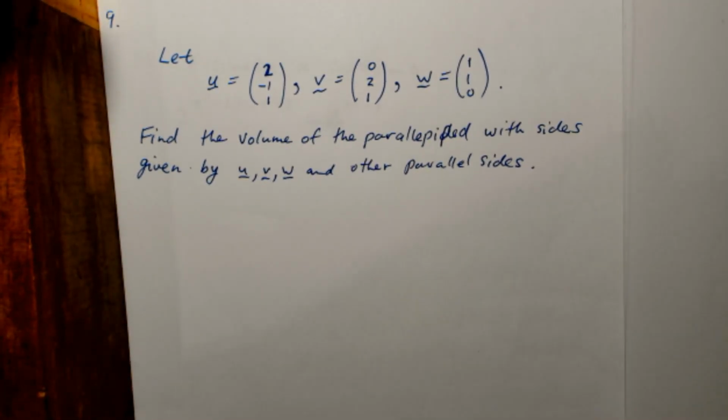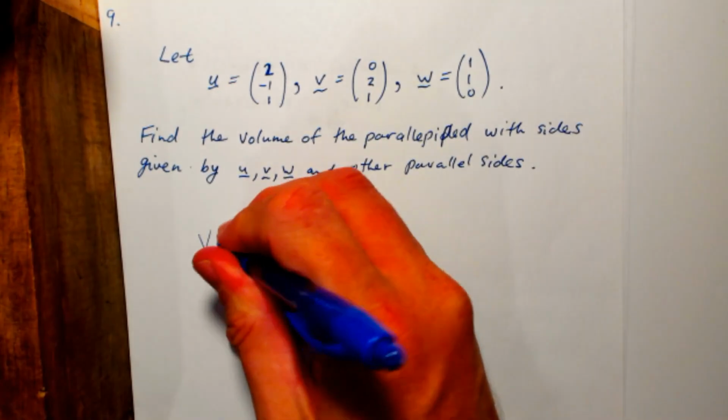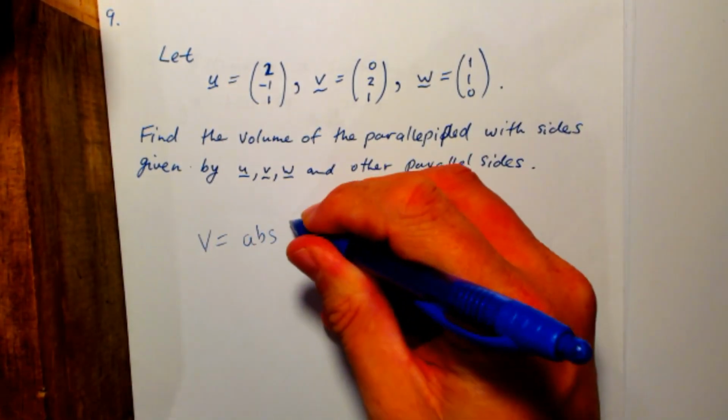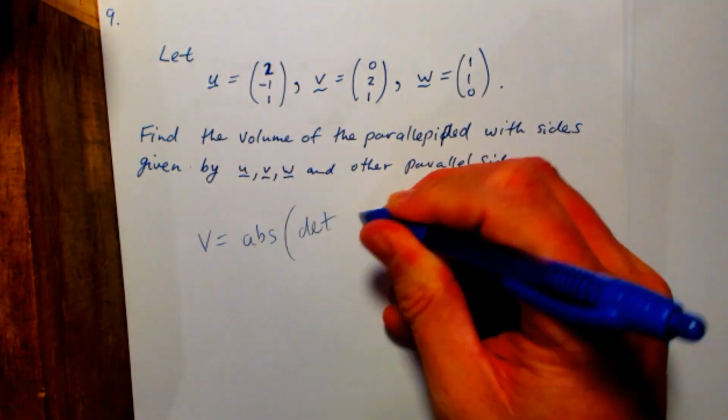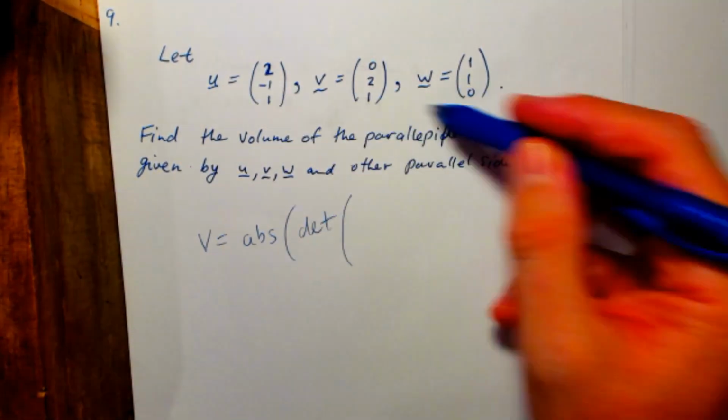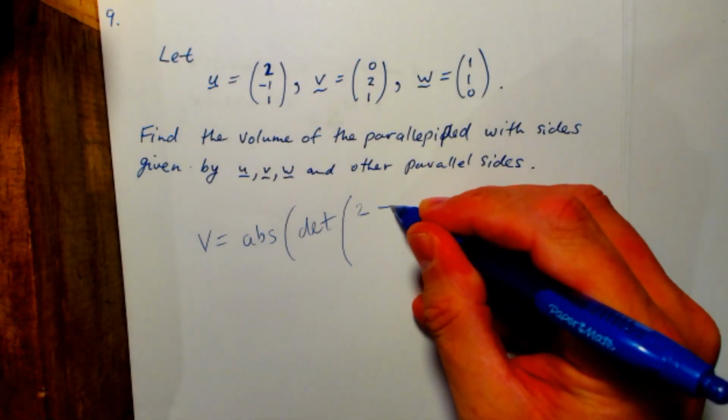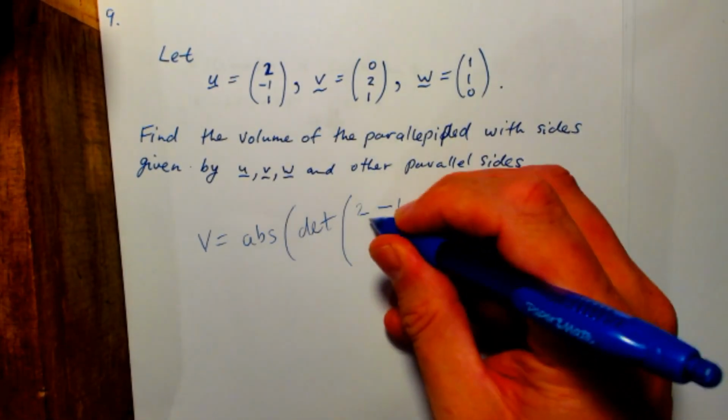So we've got a U, a V, and a W. Find the volume of the parallelepiped with sides given by U, V, W, and other parallel sides. Alright, so remember what we do here. V equals the absolute value of the determinant of the matrix. We just take this and write them here in the rows.